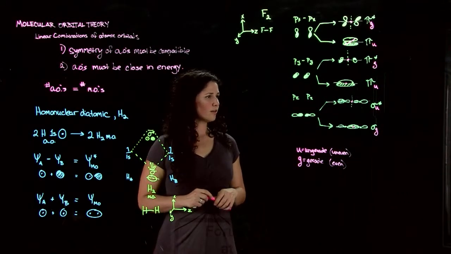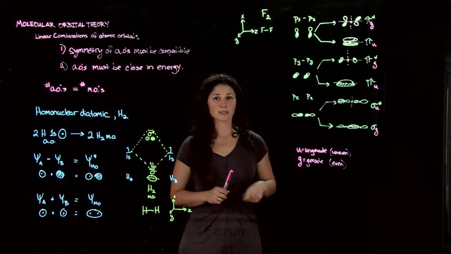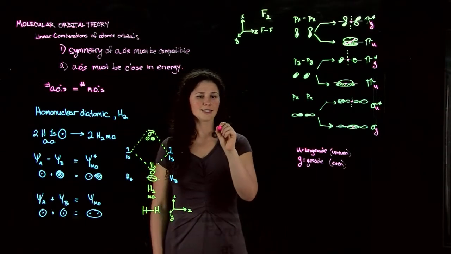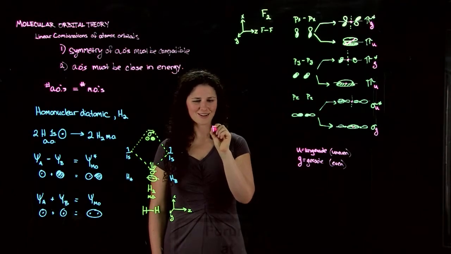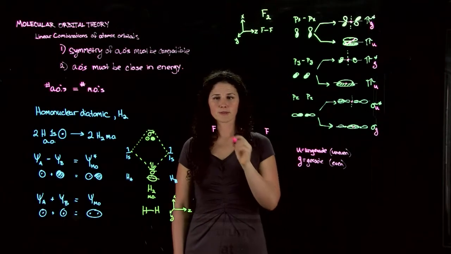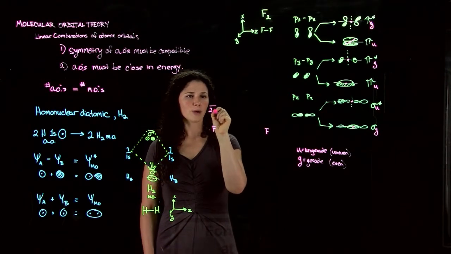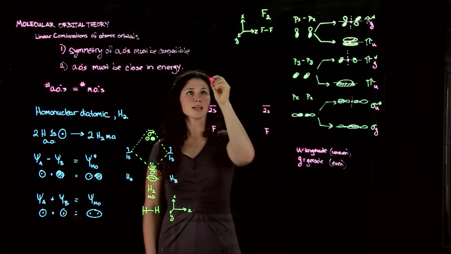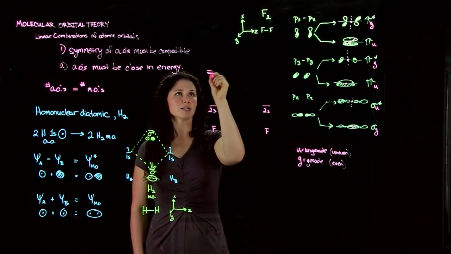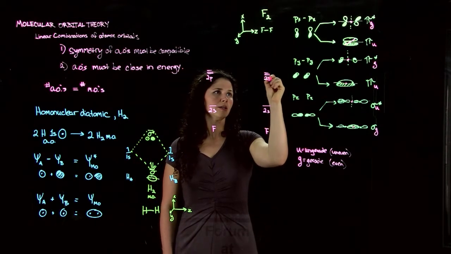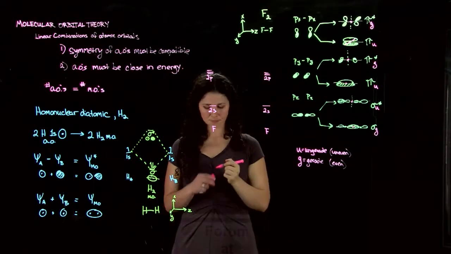Okay, so now let's draw the molecular orbital diagram for fluorine. Again, a homonuclear diatomic molecule. So I'm going to only focus on the valence orbitals. My 2s is going to be the same energy level as my other 2s. And then I have 3 different 2p orbitals that are going to be equal energy level.